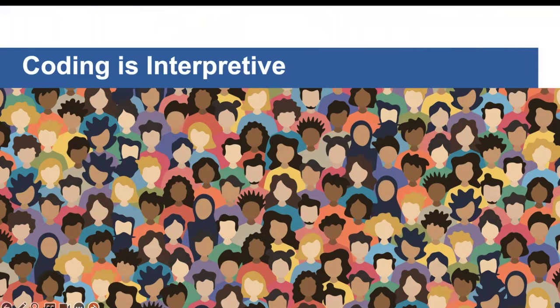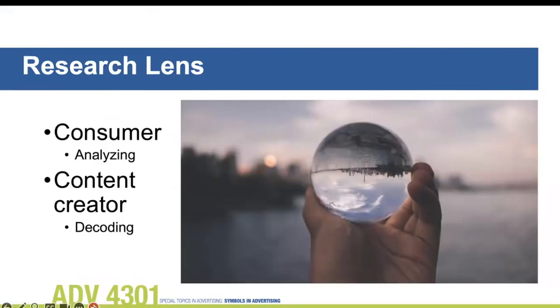You are the research instrument. So you get to decide what you want to use as far as code words. It's just not a precise science. It's interpretive. You are kind of inserting yourself into anything in this nature.